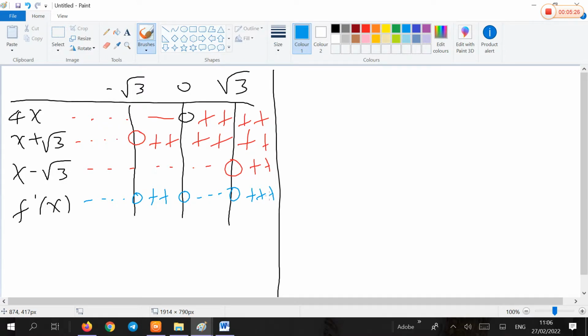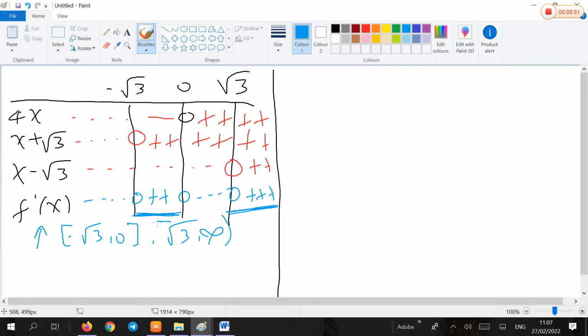As you look from the sign chart, the function is strictly increasing if the first derivative is greater than 0. The first derivative is greater than 0 between minus square root of 3 and 0, as well as from square root of 3 up to infinity.